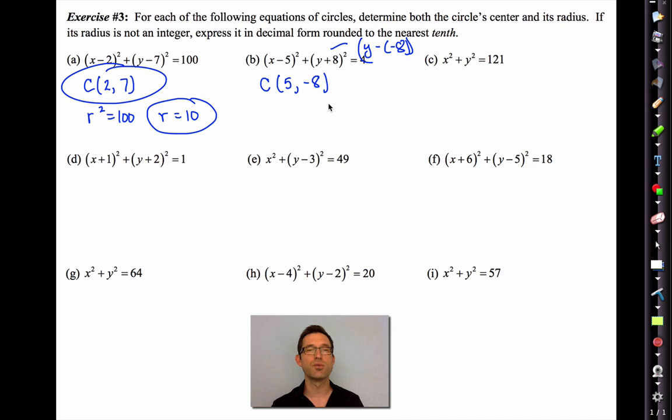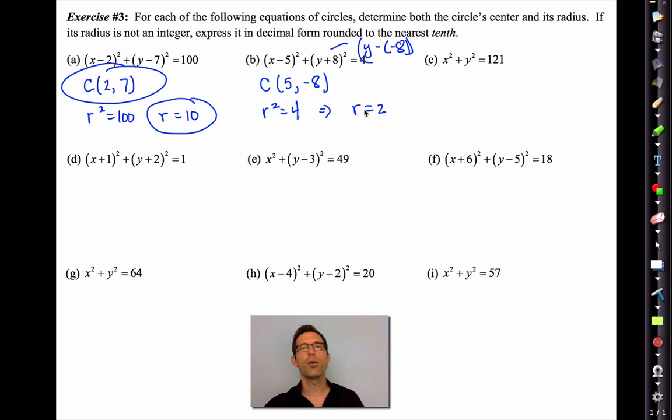Now a lot of students just learn, I look inside of the parentheses, I take the opposite of what I see. Kind of like the zero product law, kind of like horizontal shifting, right? Horizontal shifting. Except now it works for both horizontal and vertical. Now the radius squared, that's still easy, is equal to 4. So the radius is equal to 2.